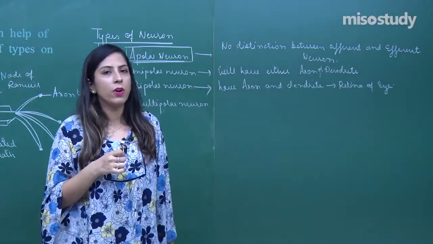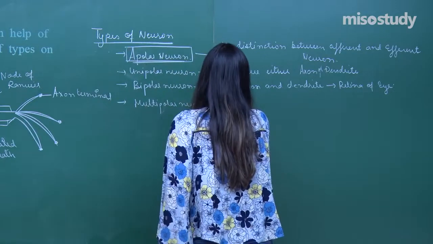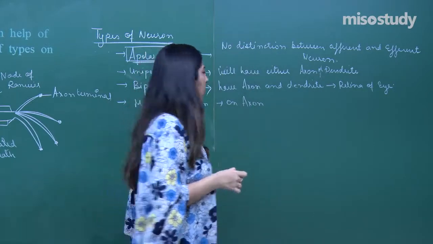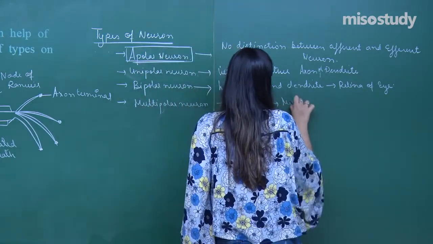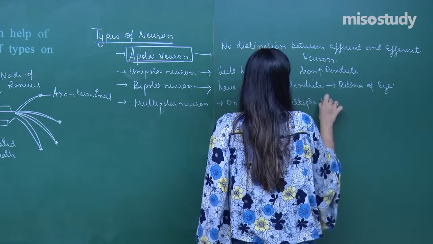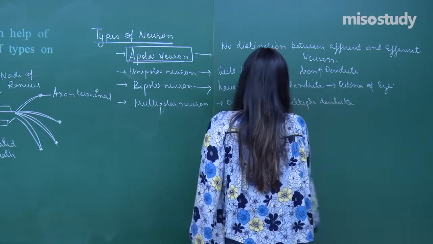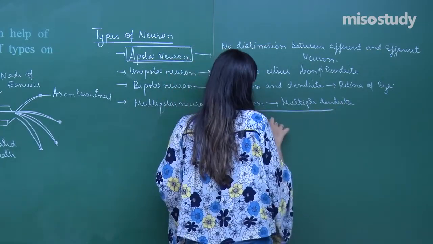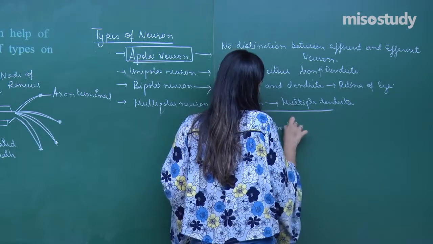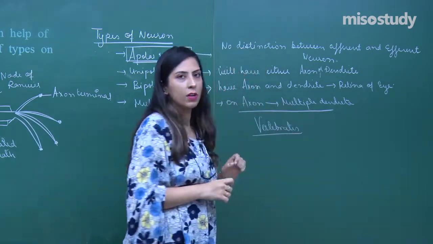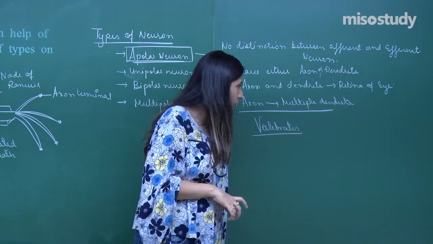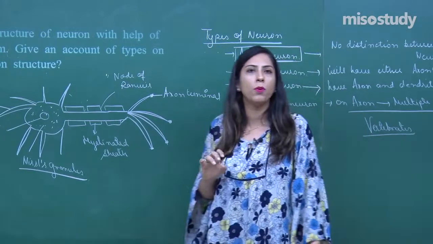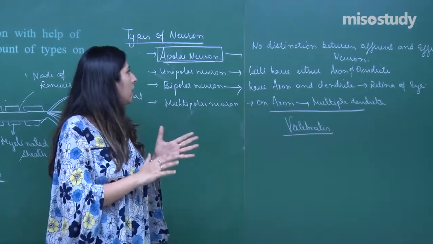In the multipolar neuron, one axon is present, and they have multiple dendrites. This is present in vertebrates. So these are the different types of neuron that you have to explain: first apolar, unipolar, bipolar, and the last is the multipolar neuron.